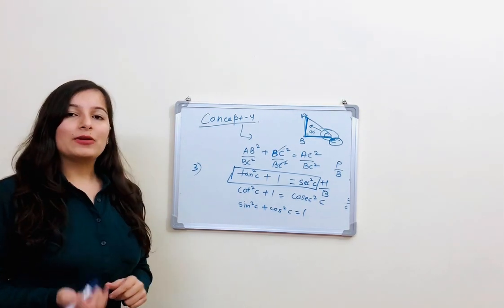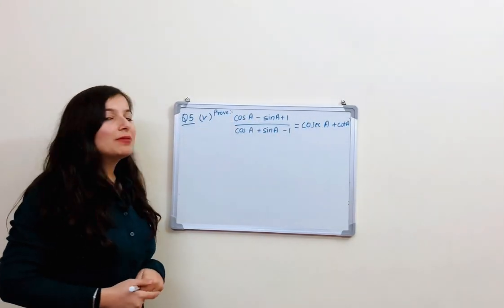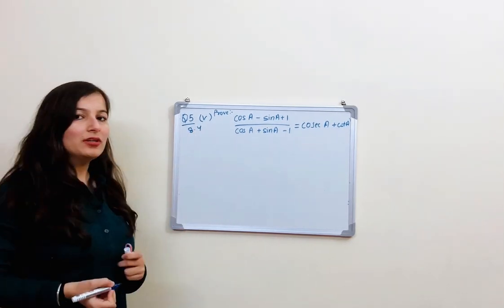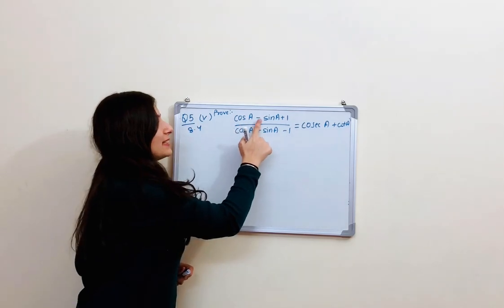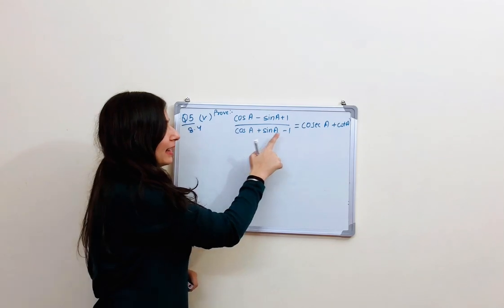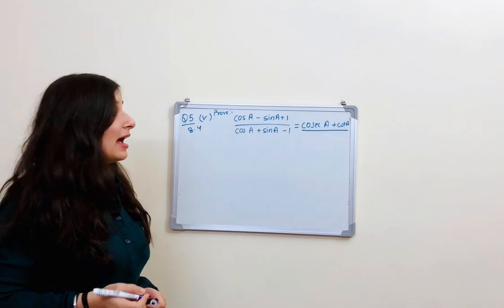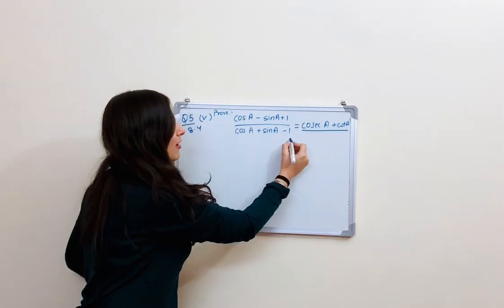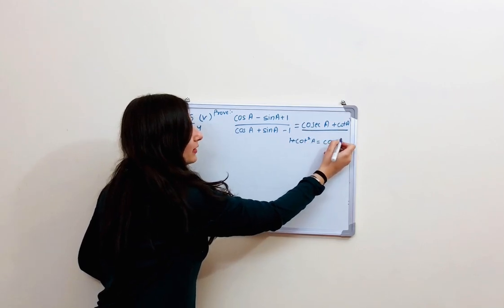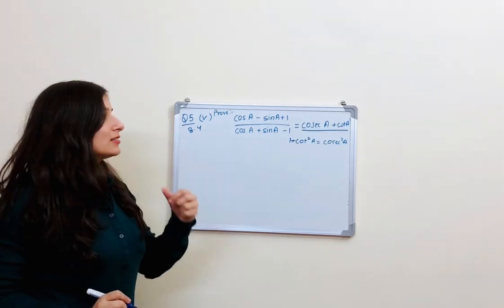So let's check out one question of this concept 4. Here we are taking question number 5, fifth part of exercise 8.4 of NCERT book, which says prove cos A minus sin A plus 1 upon cos A plus sin A minus 1 equal to cosec A plus cot A. And it's already mentioned in the question that you have to use this identity, 1 plus cot square A equal to cosec square A. So right hand side is already giving us cosec and cot.